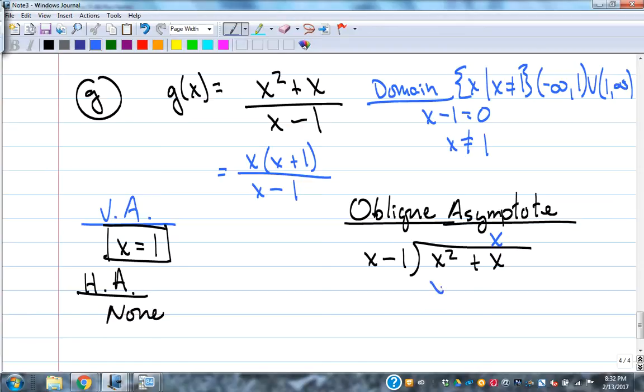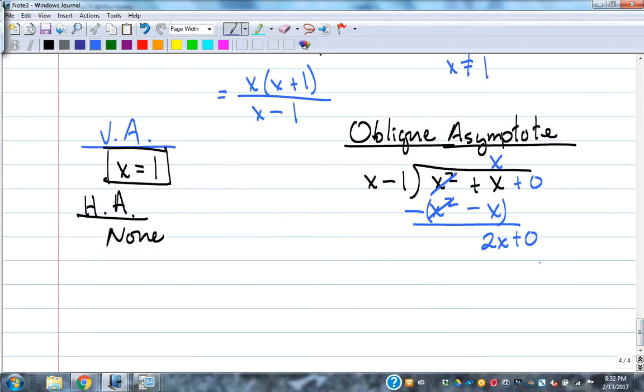Then we distribute: x squared minus x, subtract. The x squareds go away. x minus negative x is 2x, technically plus 0. Then what times this x in front gets me 2x? 2.